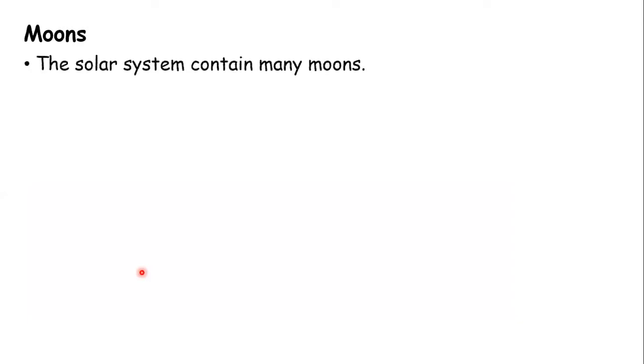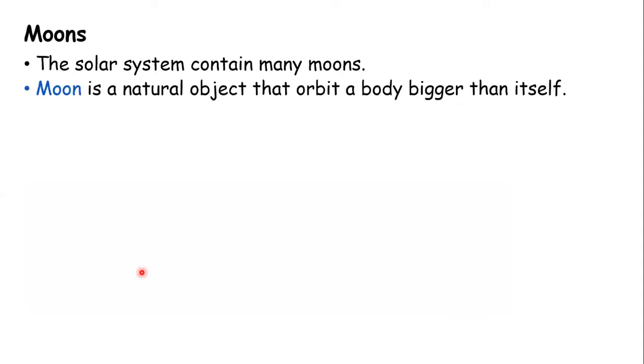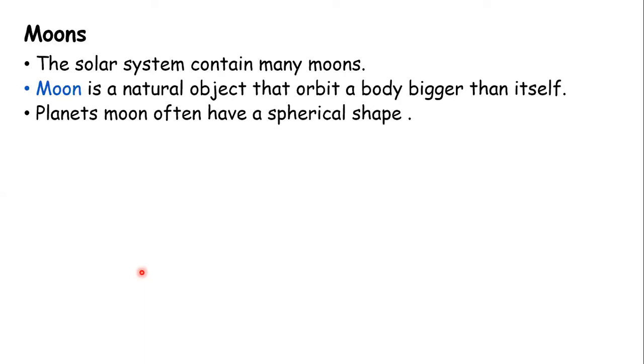Now let's talk about moons. The solar system contains many moons. A moon is a natural object that orbits a body bigger than itself. So does it orbit a body smaller than itself or bigger than itself? Excellent, bigger than itself. Planets' moons often have a spherical shape.